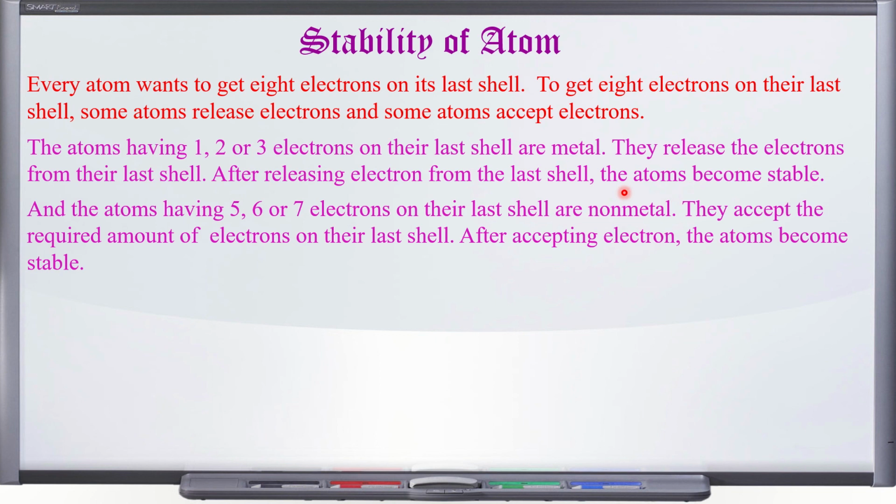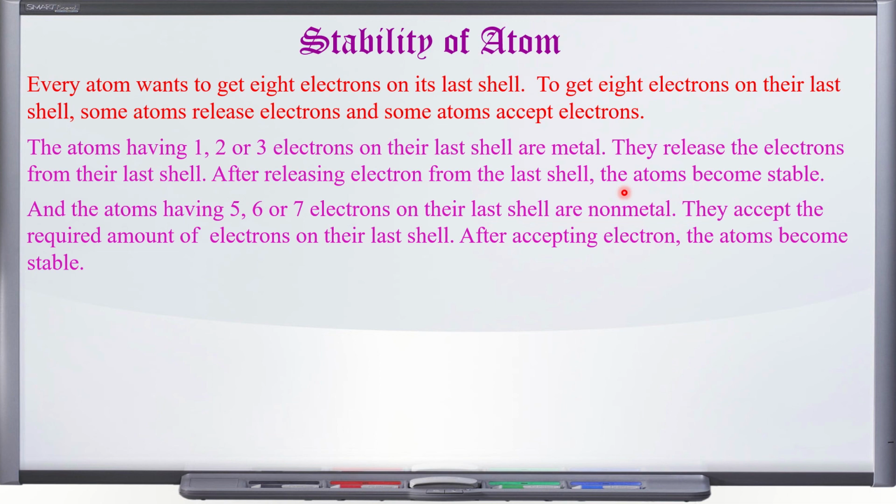And the atoms having 5, 6 or 7 electrons on their last shell are non-metal. I told you that the atoms having 1 to 3 electrons on their last shell are metal, and the atoms having 5, 6 or 7 electrons on their last shell are non-metal. They accept the required number of electrons.